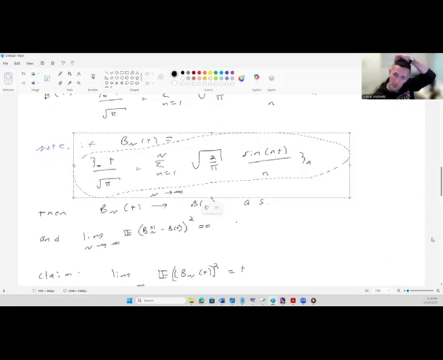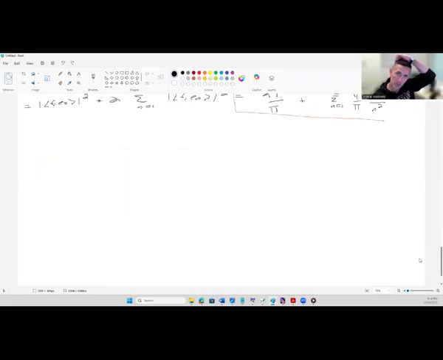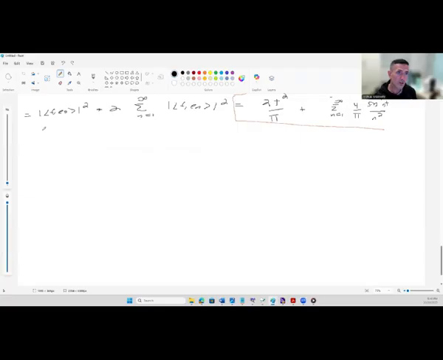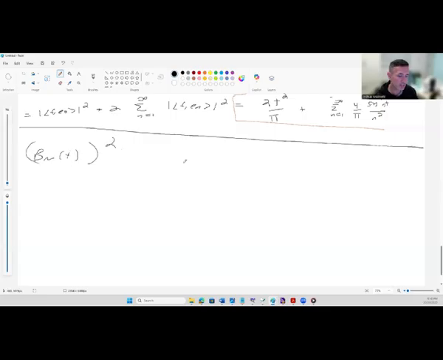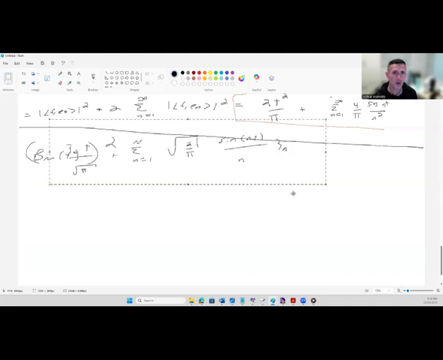Okay, it's kind of a mess, but let's at least get Bn of t squared and then take expectations. So I'm just squaring this.